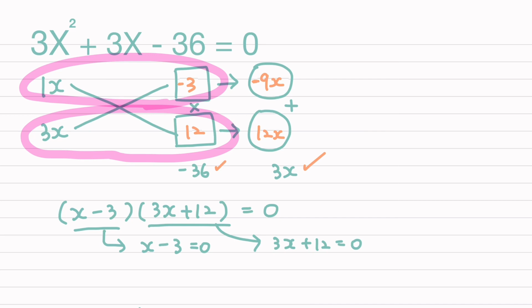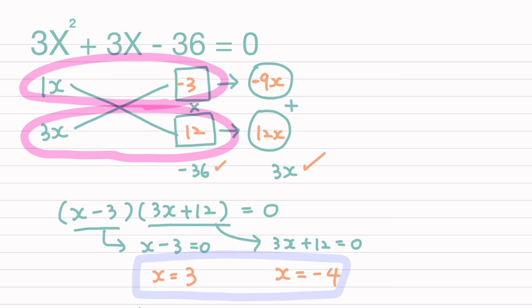And that means my x is equal to either positive 3 or negative 4. So those are going to be two solutions to this problem. So I'm going to box it and confirm that as my final answer.